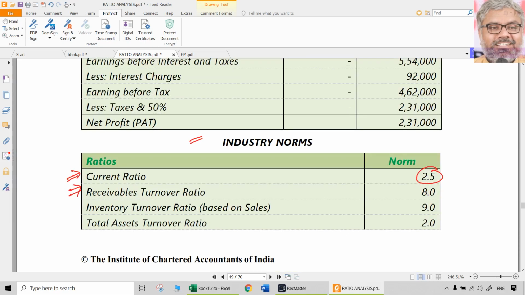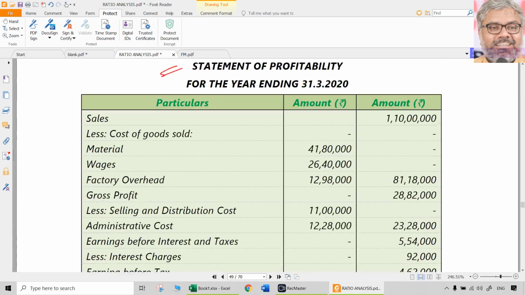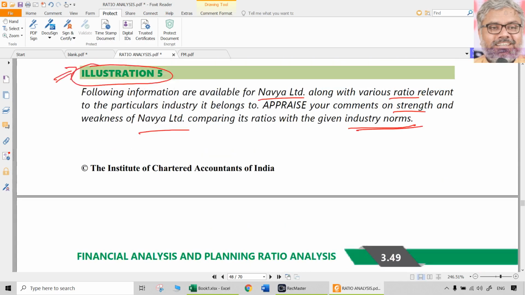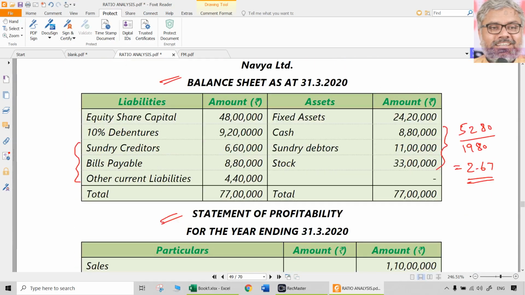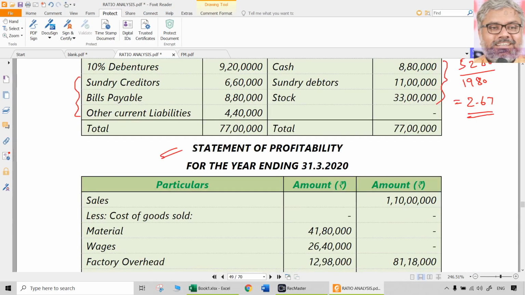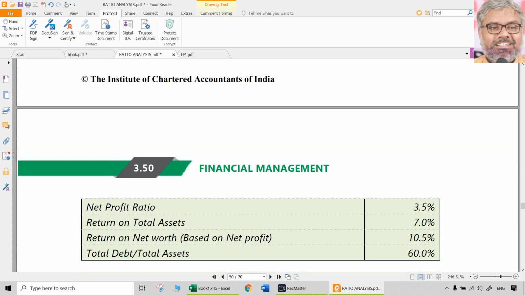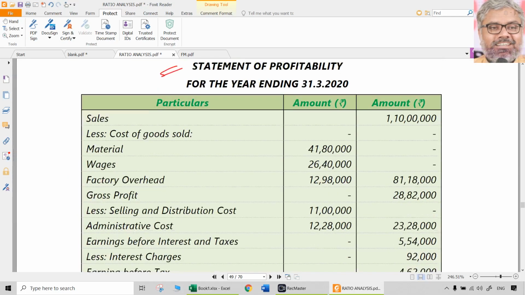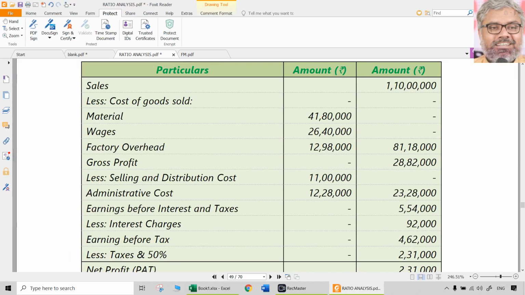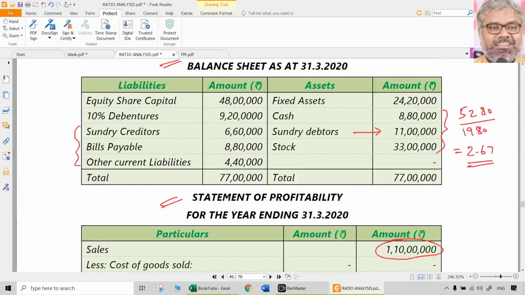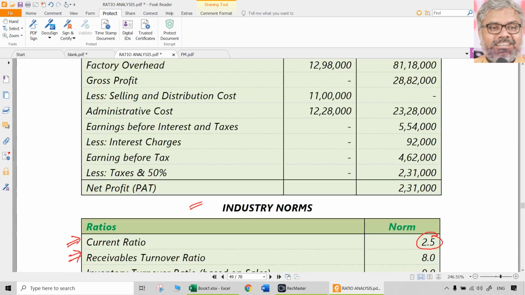Second, receivables turnover ratio, or debtors turnover ratio. You have to take net credit sales divided by average debtors. We don't have average debtors, so we have to take closing debtors only, no problem. No other way. And are the details given about sales, whether they are credit sales or cash sales? Not given. Not given means all sales you have to assume as credit sales. So 1 crore 10 lakhs sales divided by 11 lakhs is how much? 10 times.